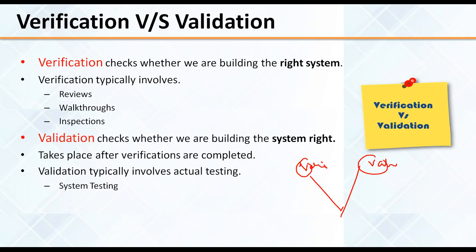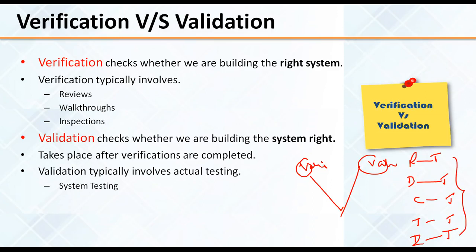So as I said, in the V model, we have requirement phase review, requirement phase testing, design phase testing, coding phase testing, and implementation phase testing. So in every phase we have testing, right? Here, verification checks whether we are building the right system.